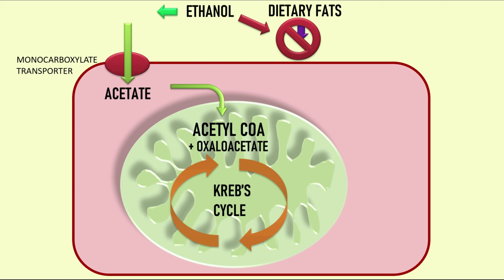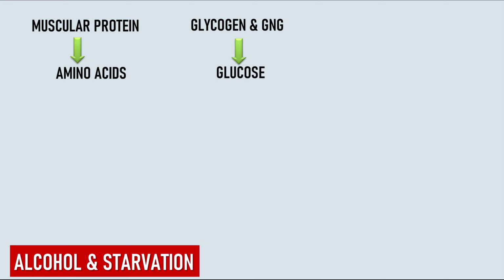It is important to note that neither acetate, acetyl coenzyme A, nor free fatty acids can be used to manufacture glucose by gluconeogenesis. So in a situation like Wanda's, where we combine alcohol and starvation, we have the metabolism of muscular protein into amino acids.